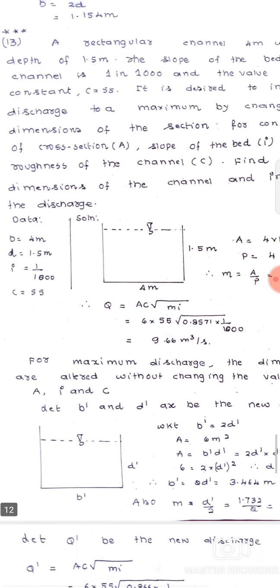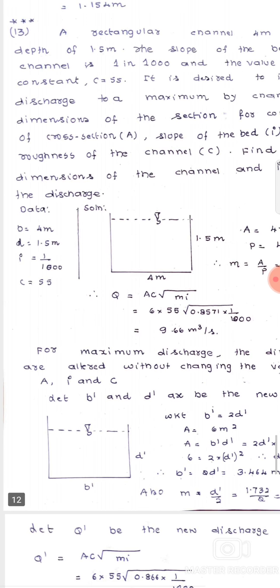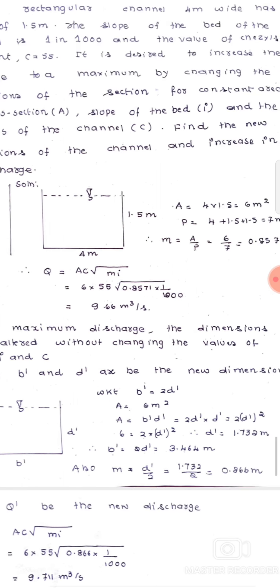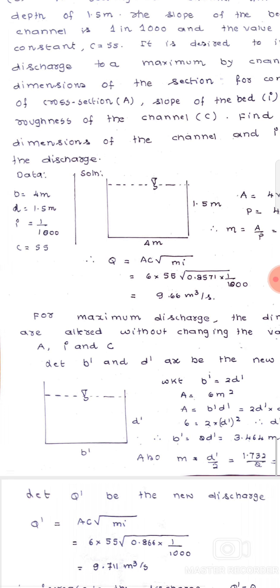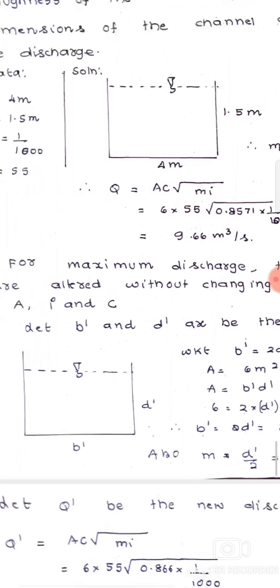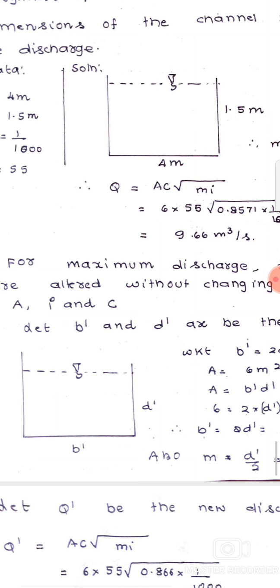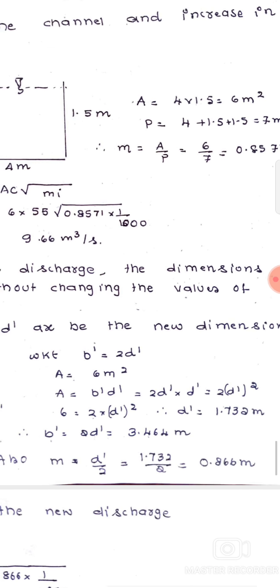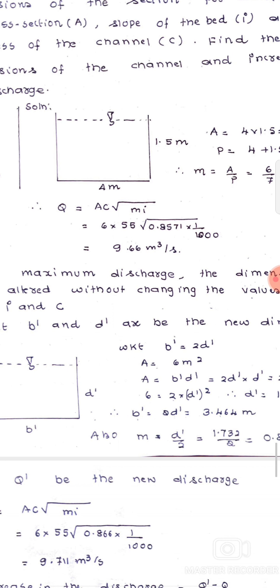Now, for maximum discharge, the dimensions are altered without changing the values of I and C as well as the area. Instead of B and D, the new dimensions will be B dash and D dash. When B and D change to B dash and D dash, of course the discharge will change, but the area must be the same.